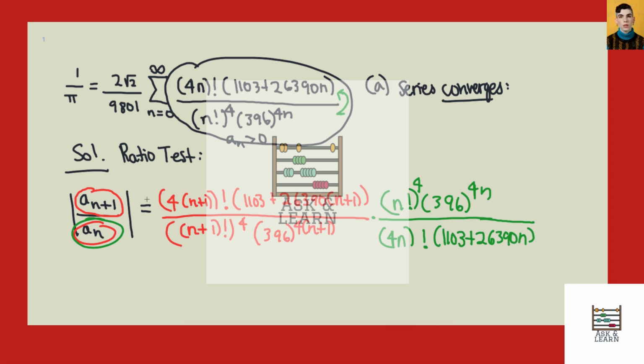So first thing I'll do here, let's maybe go in a different color, blue. This term right here is also 4n plus 4 factorial. And that would be the product of all the numbers all the way up to 4n plus 4.